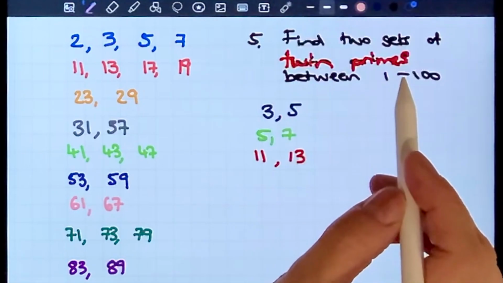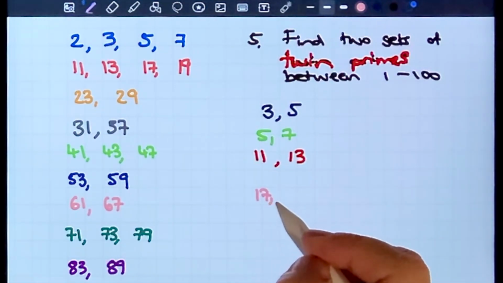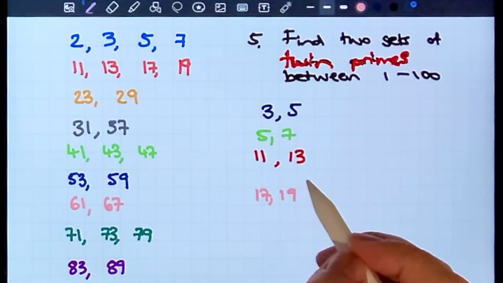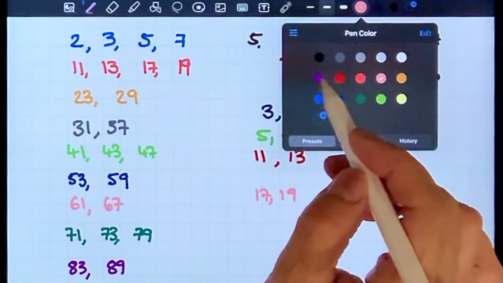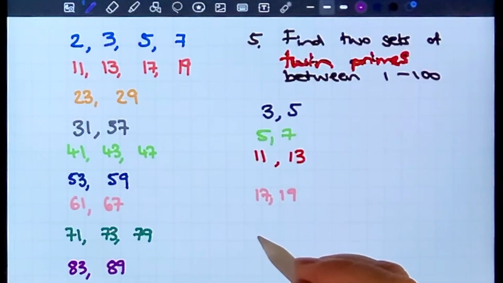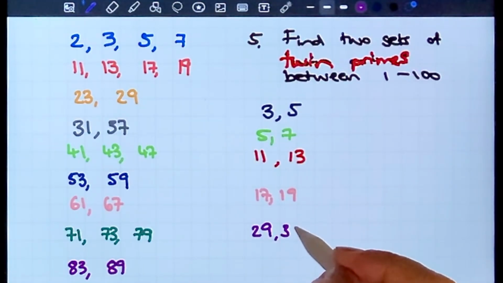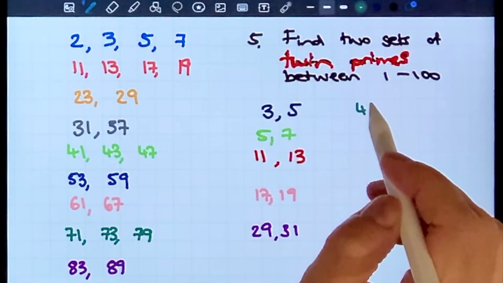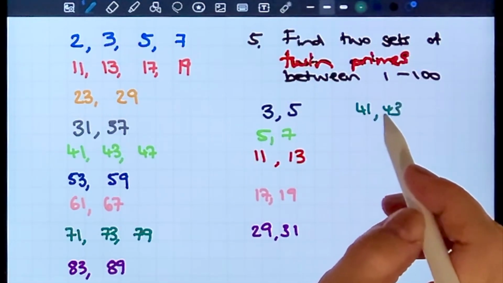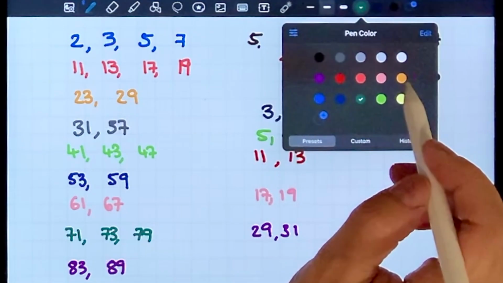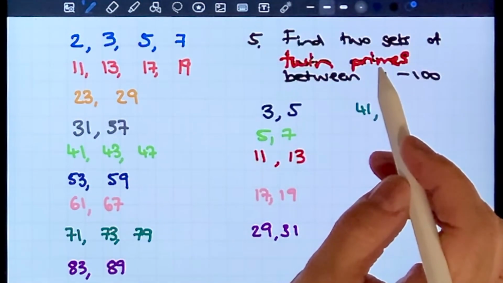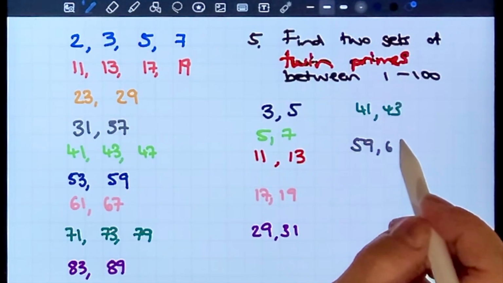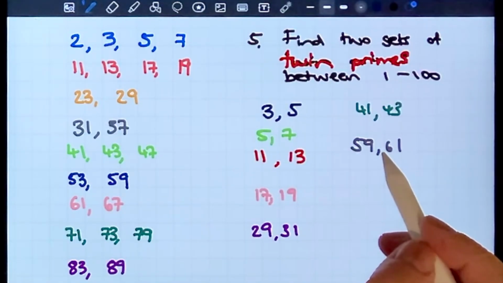Next, we've got 17 and 19, and they are only separated by the number 18, so they're twin primes. Then there's 29 and 31, separated by the number 30. 41 and 43, separated by 42. 59 and 61, separated by the number 60.